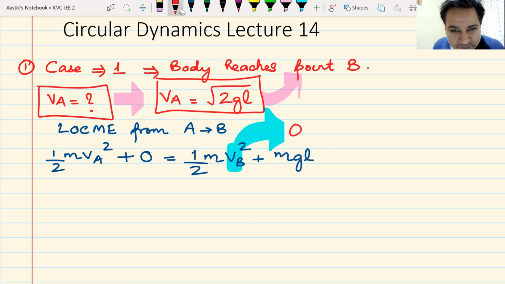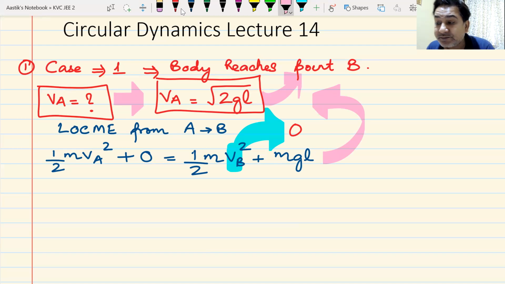Now it becomes a straightforward question with a straightforward answer. From the work-energy equation from A to B, only one equation we have used and we are ready with our answers. This is how we have to solve each and every question. Remember that, that is why I'm doing this. With the work-energy equation from A to B, we will get the velocity at point A. What is the velocity at point A coming from this equation?